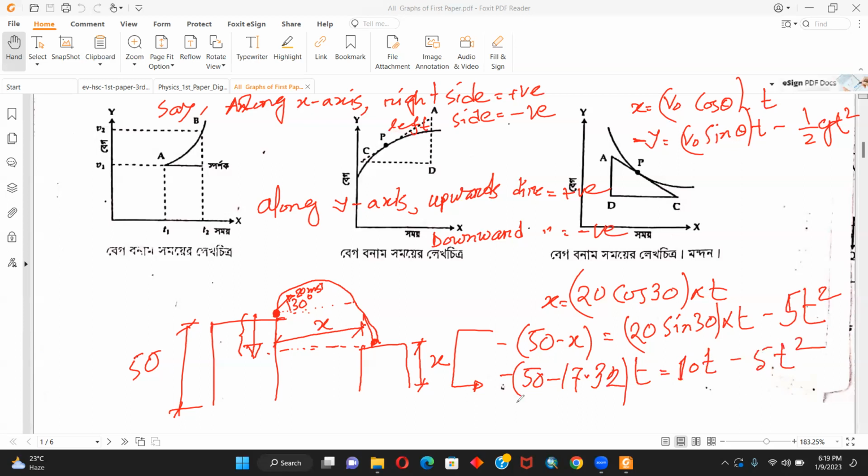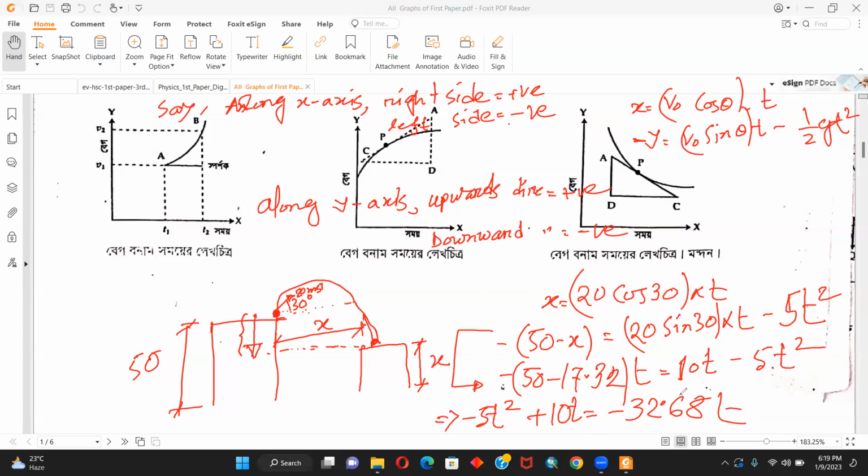Now if I try to solve it, I will get minus 5t squared plus 10t equals 50 minus 17.32 t, which is 32.68.